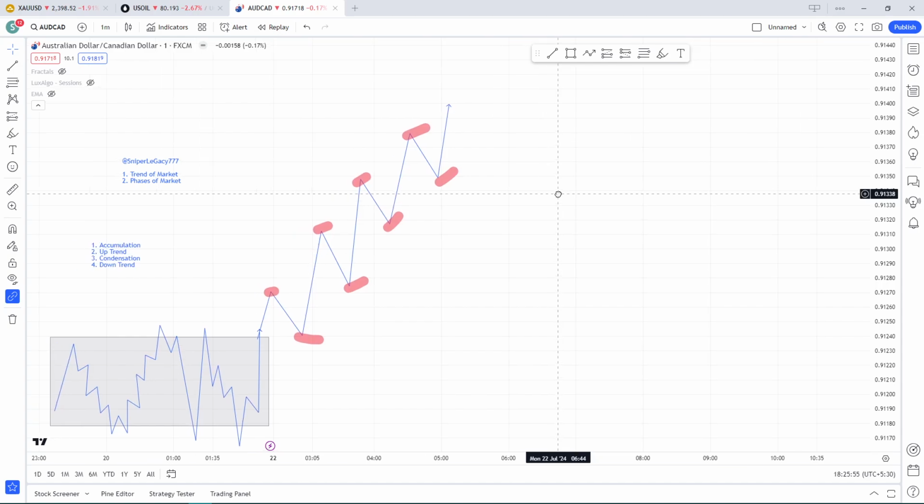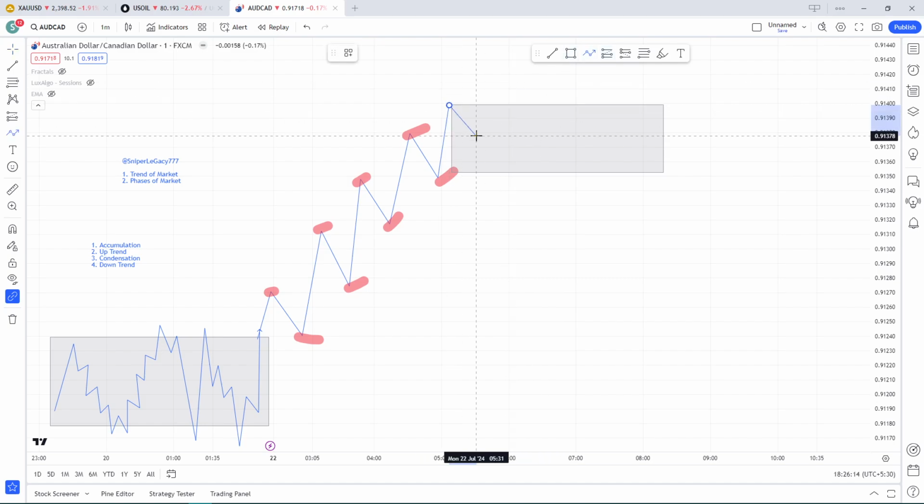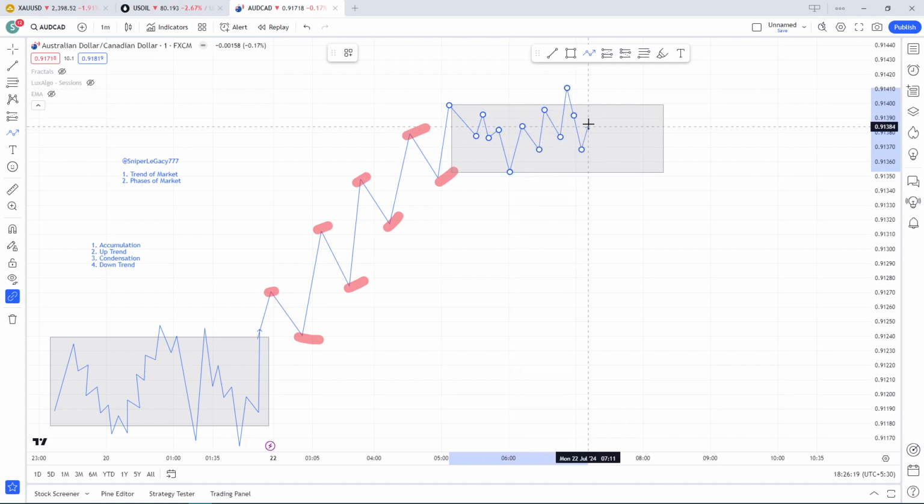Okay, so now we have discussed accumulation. We know after accumulation we have an uptrend. Now what is condensation? I told you that accumulation and condensation are the same, but what will be the difference? So I'm going to draw another rectangle here. It is the same thing that happens in accumulation. The price will not have any clear behavior.